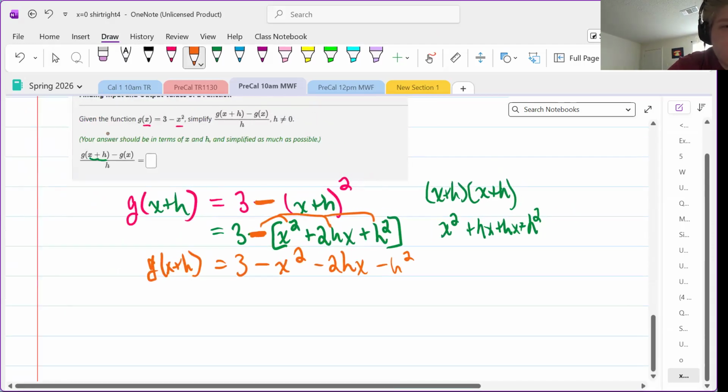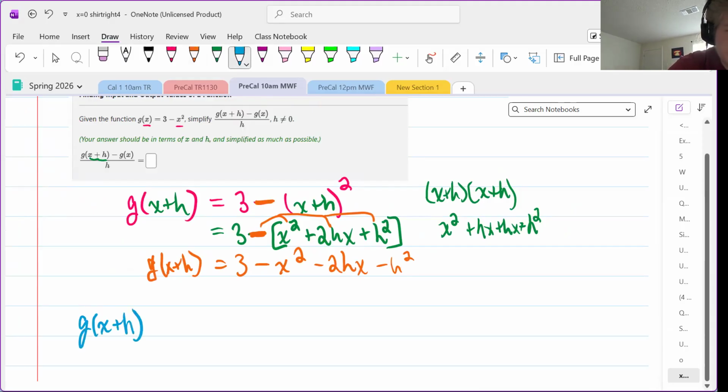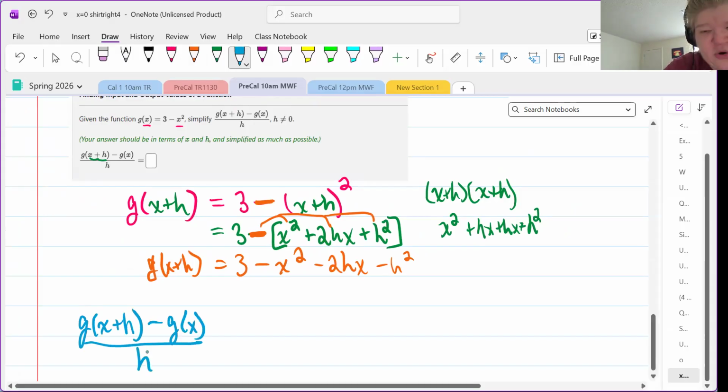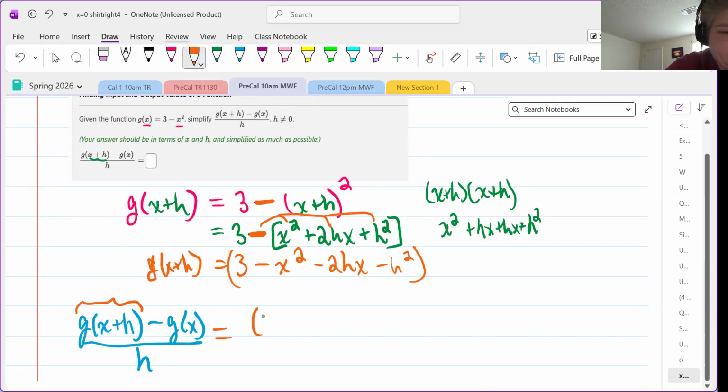So my difference quotient now says take g of x plus h minus g of x and then divide that whole result by h. So my g of x plus h is this whole entire result I just got. So I'm going to substitute that in parentheses.